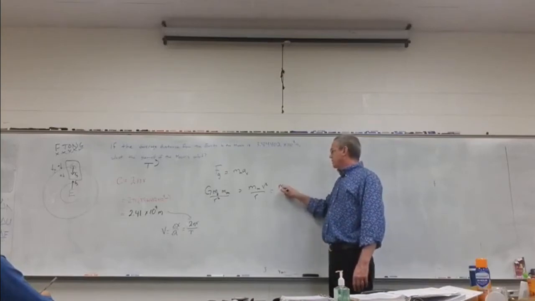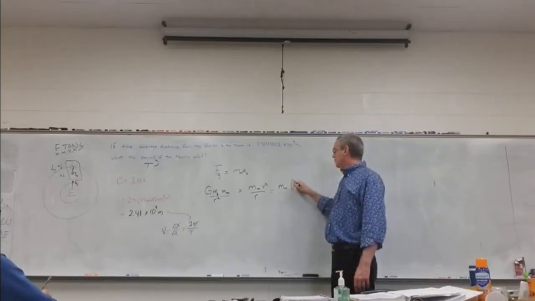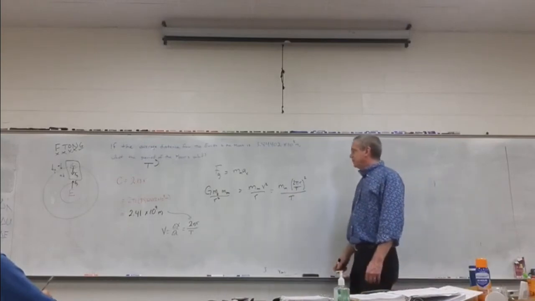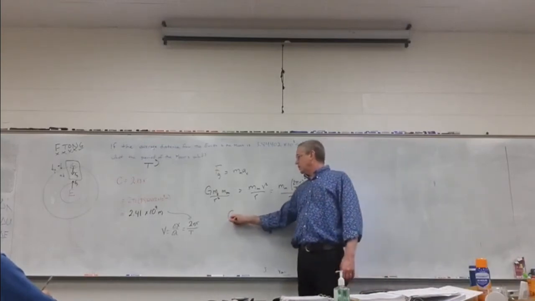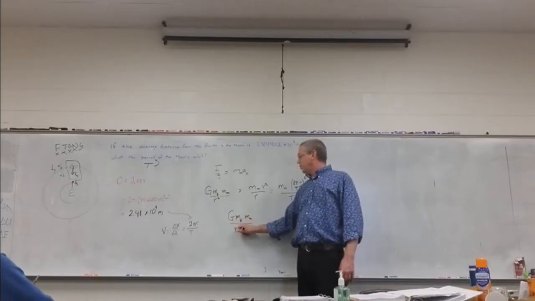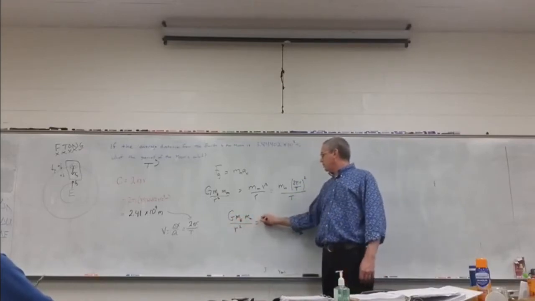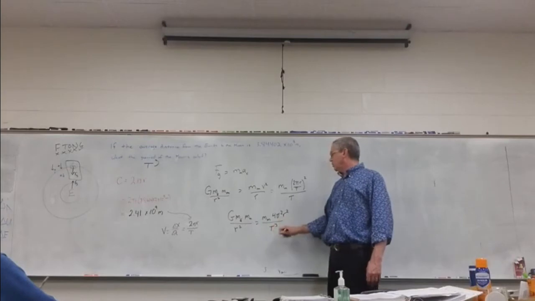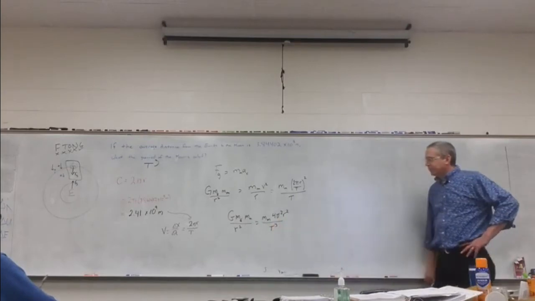So this becomes mass of the moon times 2 pi r over T, squared, over d. So G, mass of the Earth, mass of the moon, over the orbital radius squared equals mass of the moon, 4 pi squared r squared over T cubed.